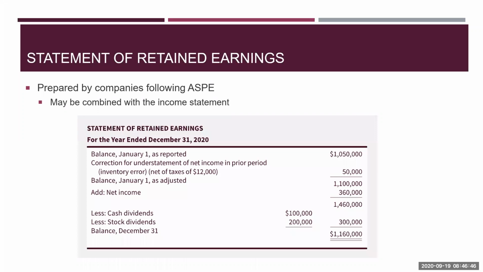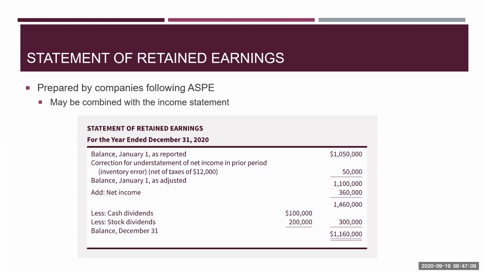This is what our statement of retained earnings under ASPE looks like, and sometimes it can be combined with the income statement. For the year ended December 31st, 2020, the beginning balance on January 1st was reported at 1,050,000.